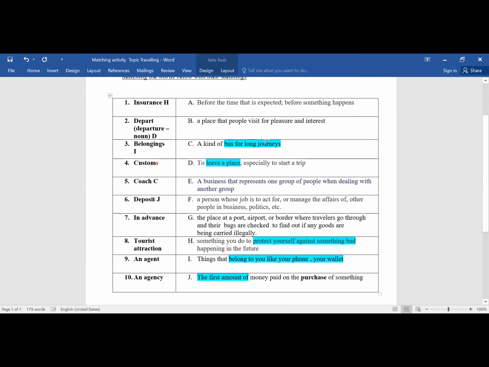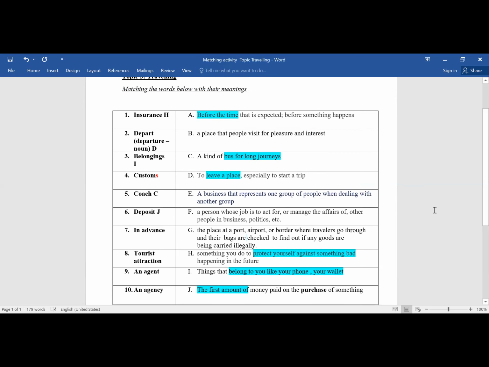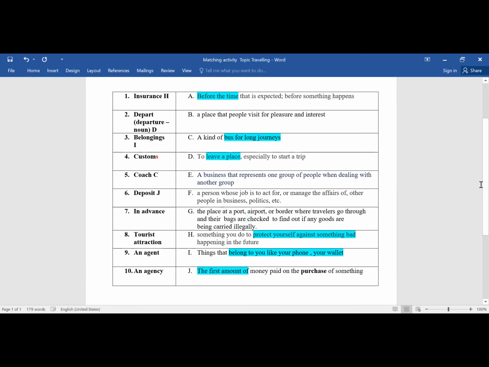Yes, before the time that is expected, right? Good. Before something happens. Now, Linh, during high season, when you go traveling, what do you usually need to do in advance?